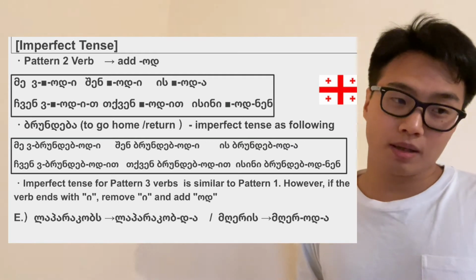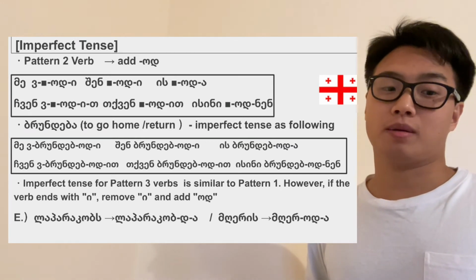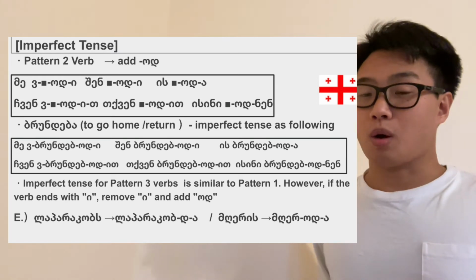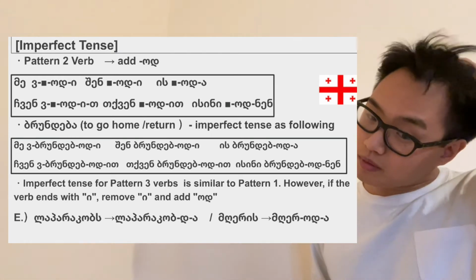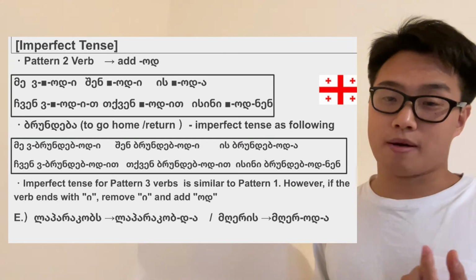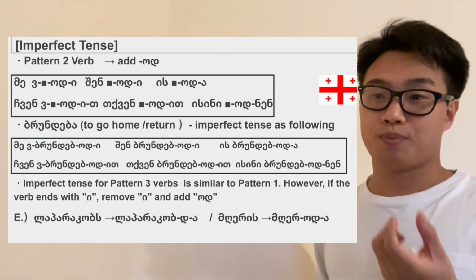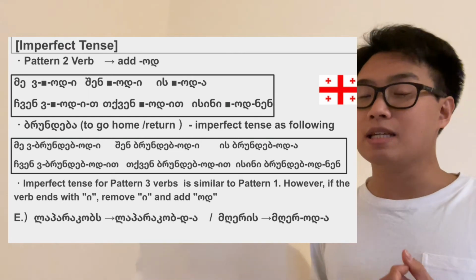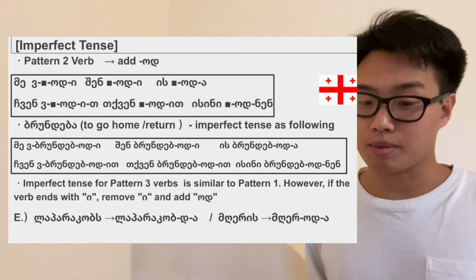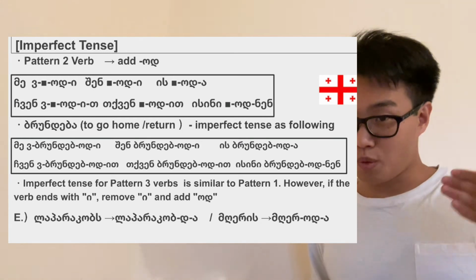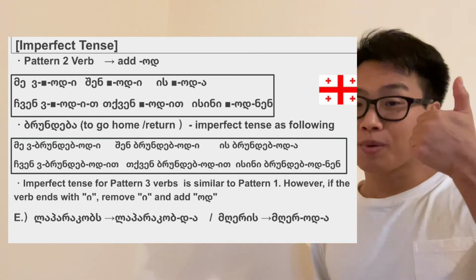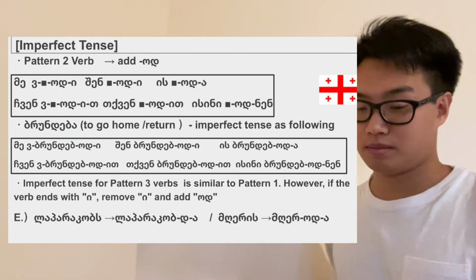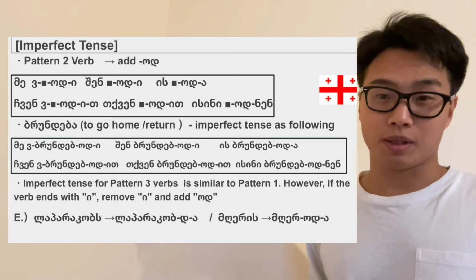Technically, pattern 3 verbs are the same as pattern 1. So in most cases, you just add do to make the imperfect tense, but if the verb ends with e, we add od, and that's pretty much it. We went through pattern 1, pattern 2, pattern 3 imperfect tenses. I hope it's not that complicated.